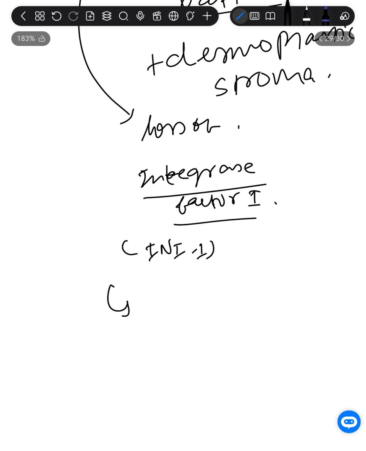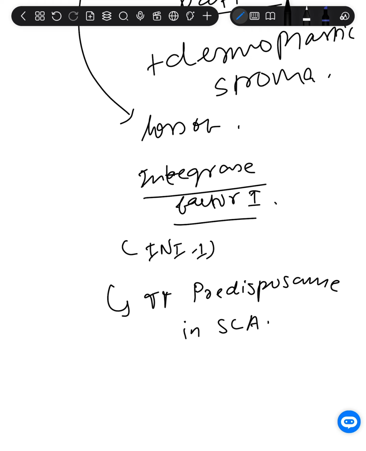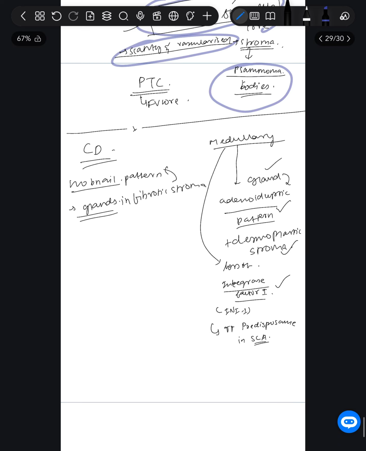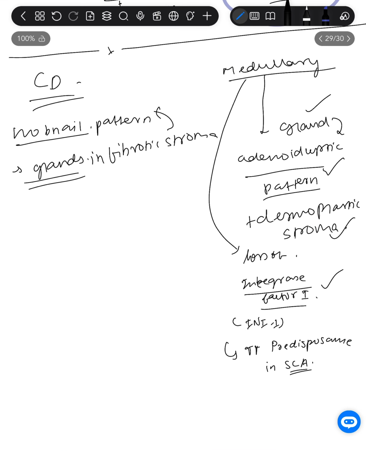Also this medullary carcinoma has an increased predisposition in sickle cell trait. These four things, remember: the glands are arranged in an adenocystic pattern in desmoplastic stroma, there is integrase factor 1 loss, it is increased in sickle cell trait, and it starts from the medulla only. Moving on to the two things that are left, we have chromophobe renal cell carcinoma.